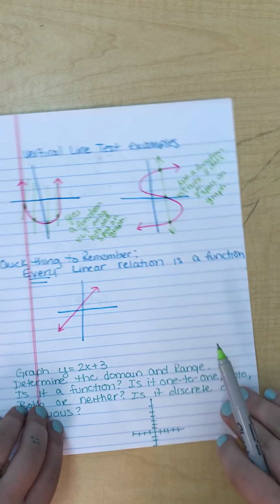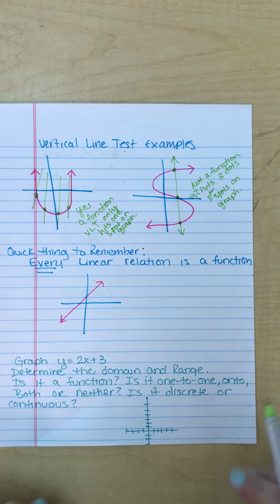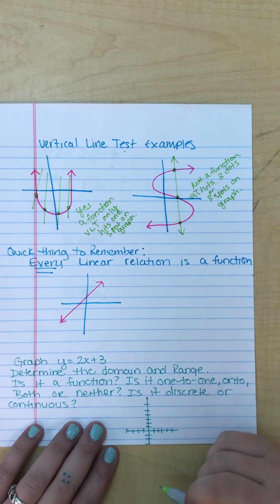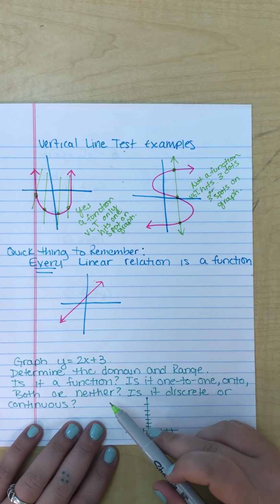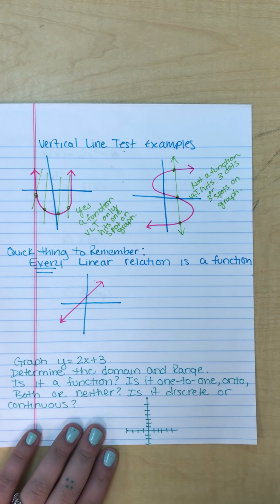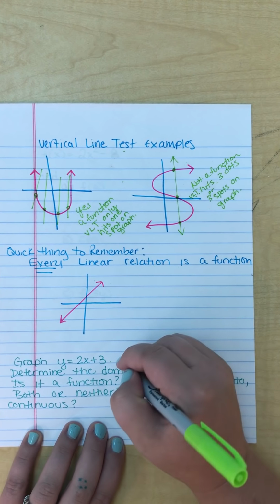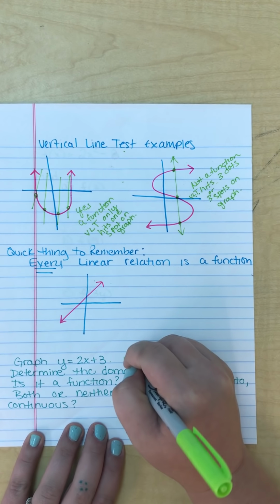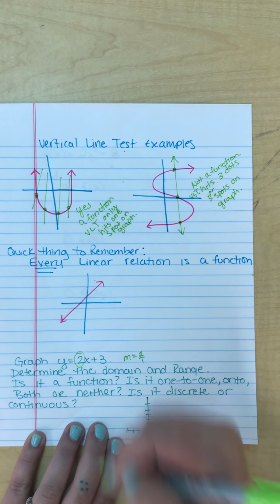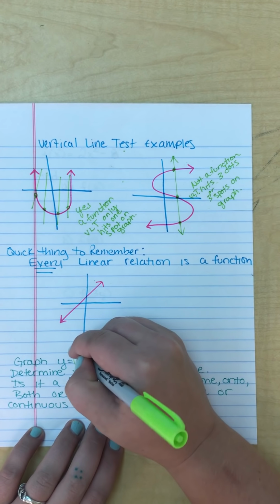Here, we're going to graph this line, y equals 2x plus 3. We're going to determine the domain and range, and then determine whether it's a function, is it one-to-one, onto, both, or neither, and is it discrete or continuous. So graphing this is a quick little refresher for you. Our slope would be 2 or 2 over 1. Remember, our slope is the number before the x.